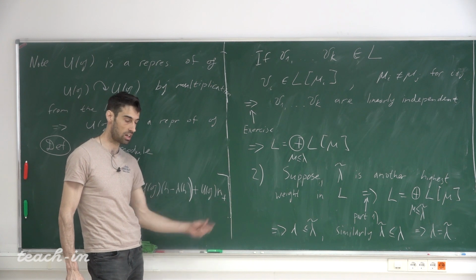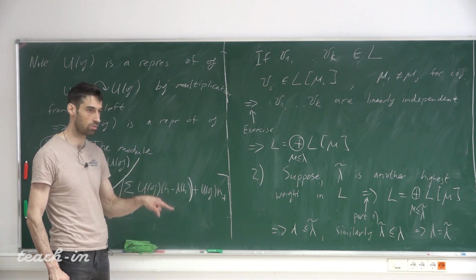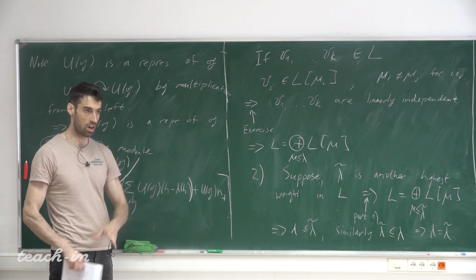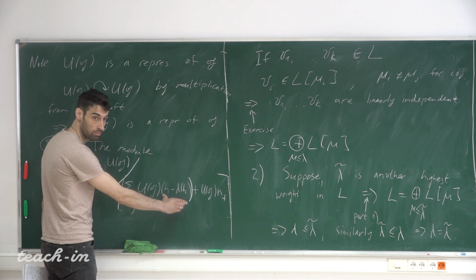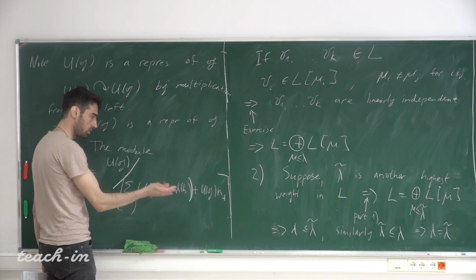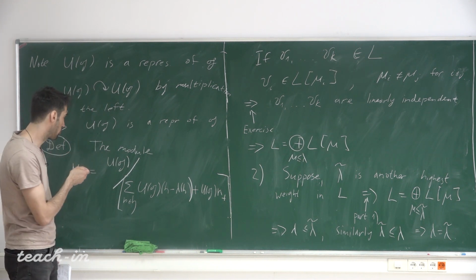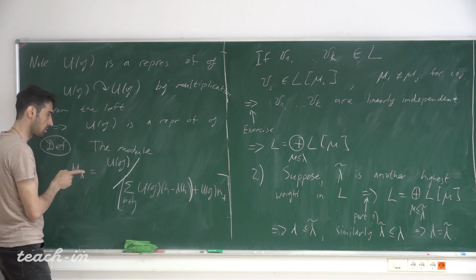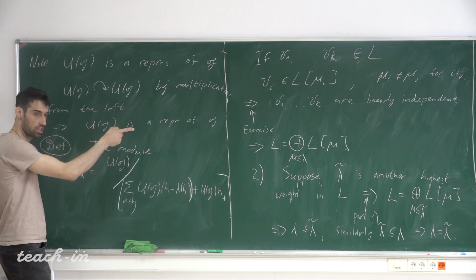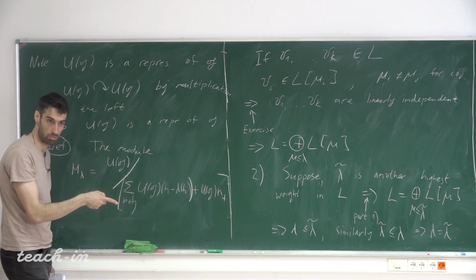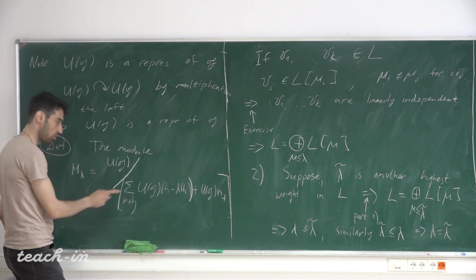In other words, as a set, this is a linear combination of all monomials, where on the right I have either an element of n plus or elements of such sort, and then it is multiplied from the left by any element of U of G. And of course, if I take some element of g and start acting, which means just left multiplication, I will still be in this subspace, because I multiply something from the left.